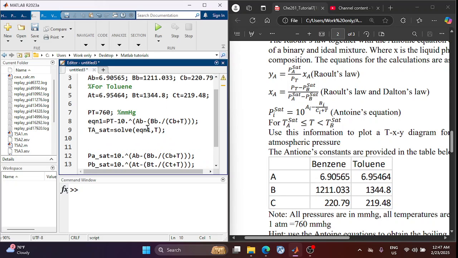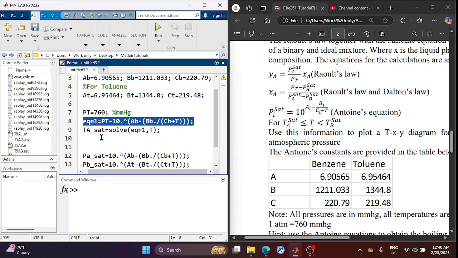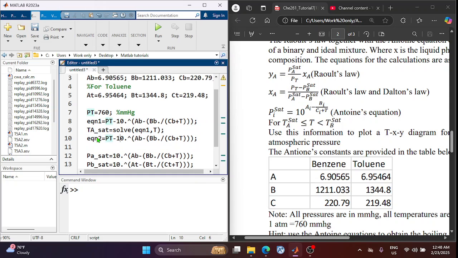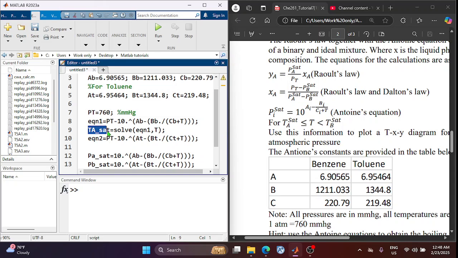Then I'll do the same thing for B. I'll copy this part again and replace it with the expressions for B. So I can say equation 2 should be equal to this, and then instead of B, I'll make all of them T. Once again, I'll solve for T and I'll call that one TB sat.